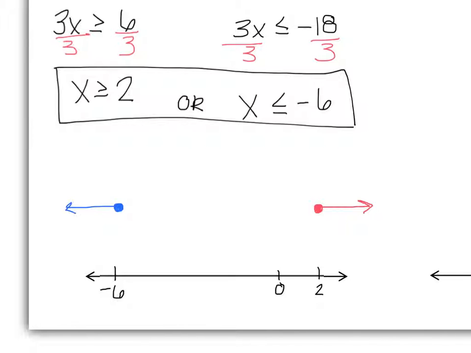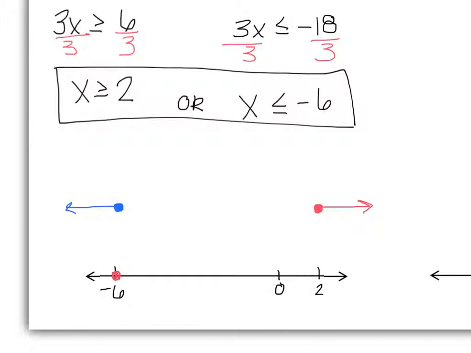Okay, now let's think about it. We're doing or. So for or compound inequalities, we need any values that satisfy at least one of the inequalities. All of these satisfy one, all of these satisfy one, so we're going to put both on our graph.